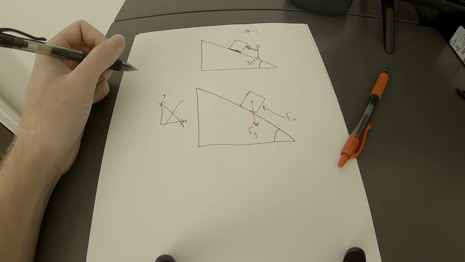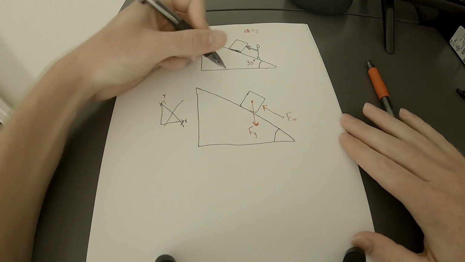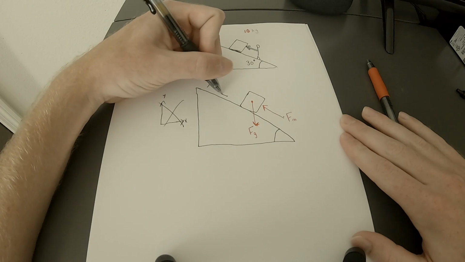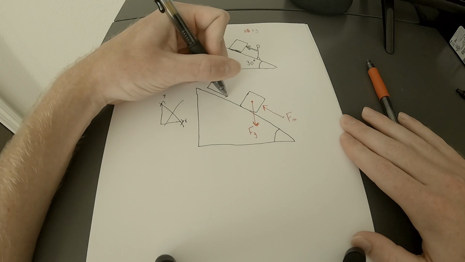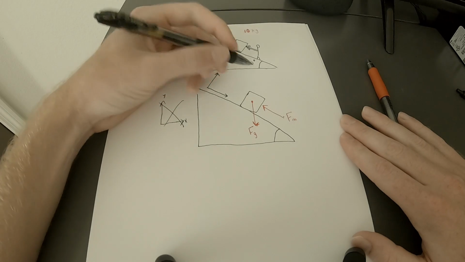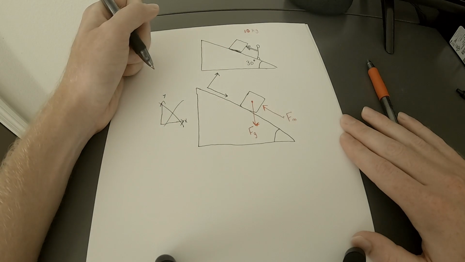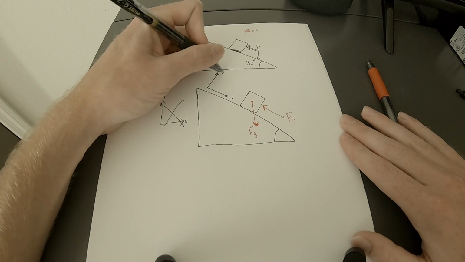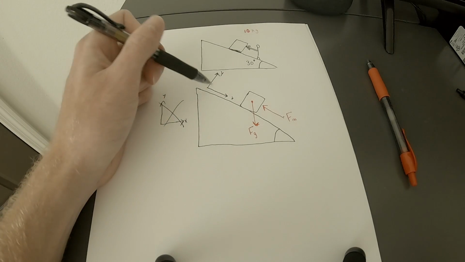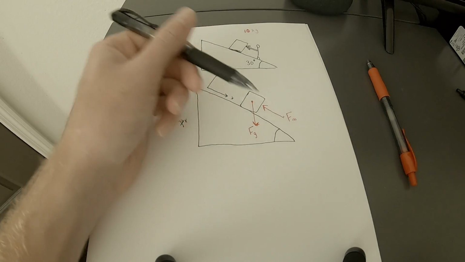The easiest way is to put the x direction, or any one of your directions, whatever you feel comfortable with, in the direction of the incline, like that. So we're going to say x and y, just like that. One of your directions will be parallel with the incline.